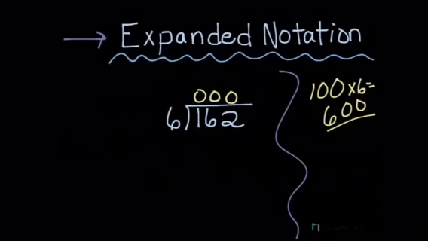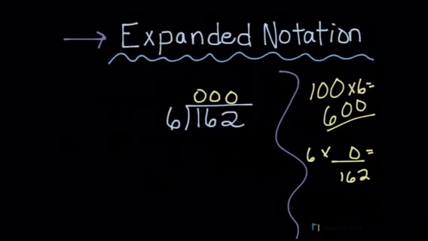So then I'm going to go on to the tens place, which I have a 6, which is 60. So I'm thinking about 6 times how many tens will get me close to 162. Well, I know 6 times 10 is 60.